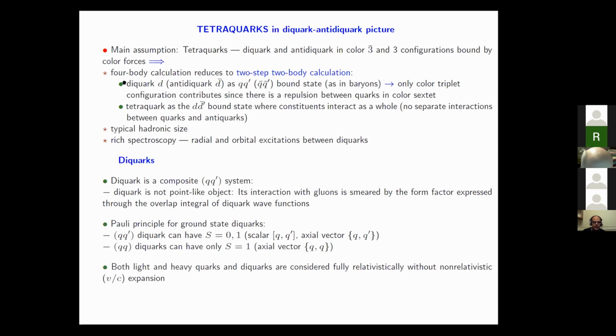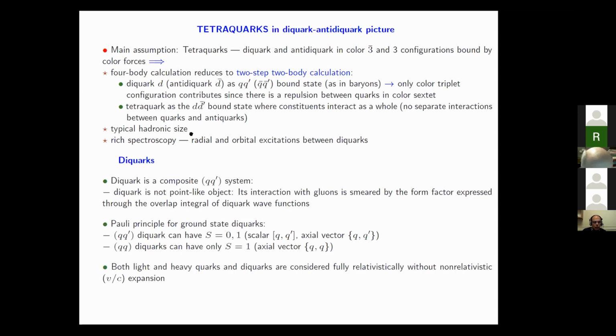First we consider a diquark as a bound state of two quarks, and then we consider a tetraquark as a bound state of a diquark and an antidiquark. We assume here that diquarks interact as a whole, so there are no separate interactions between quarks and antiquarks from the diquark and antidiquark respectively.